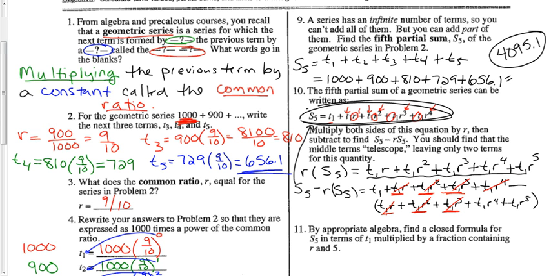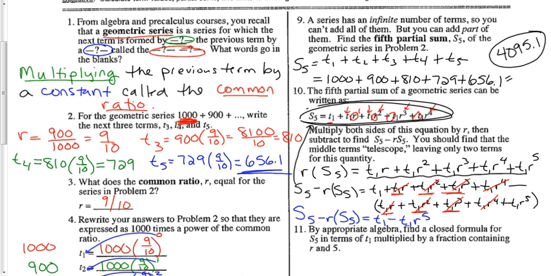My t sub 1 r to the fourth will cancel out. So I'm left with S sub 5 minus r times S sub 5 equals t sub 1 minus, don't forget you're distributing that negative, t sub 1 r to the fifth.